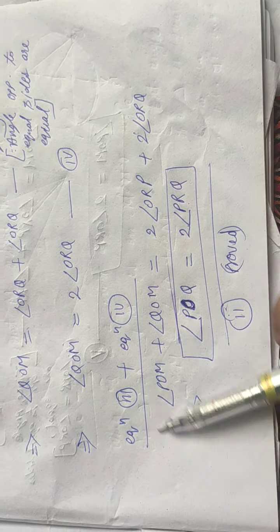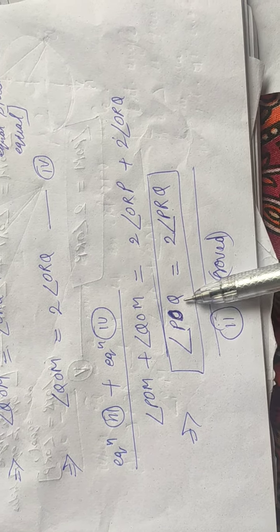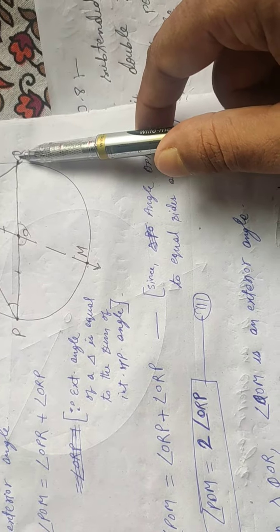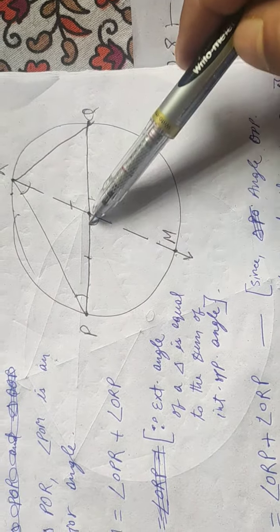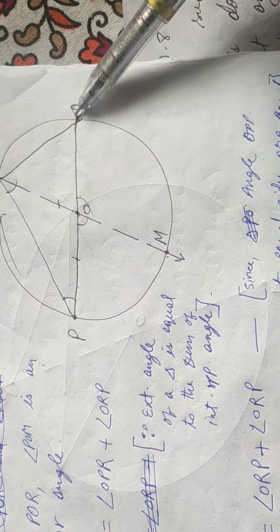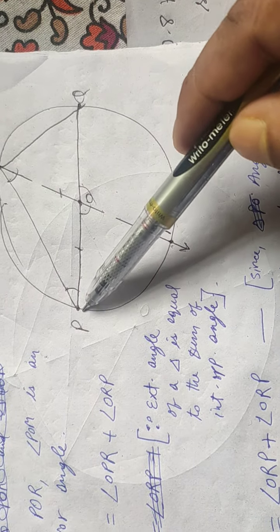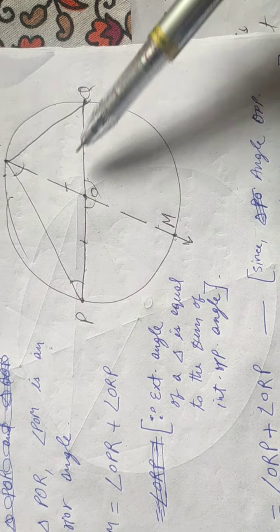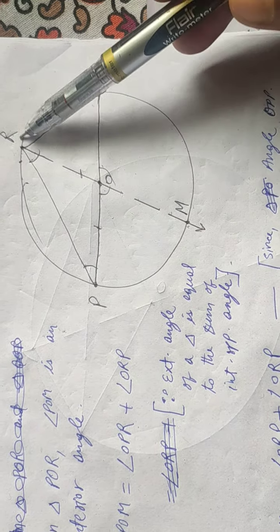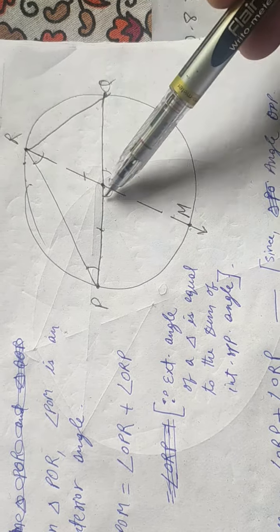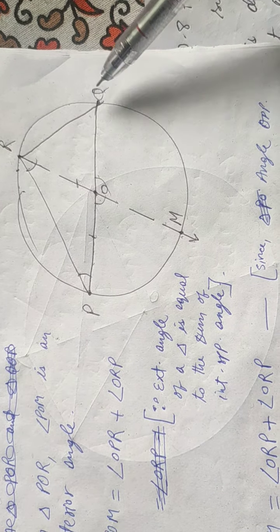By adding this, the same you will get that angle POQ is equal to twice of angle PRQ. So POM and QOM it forms what? Angle POQ. Okay, POQ. And ORP and ORQ it forms angle PRQ.